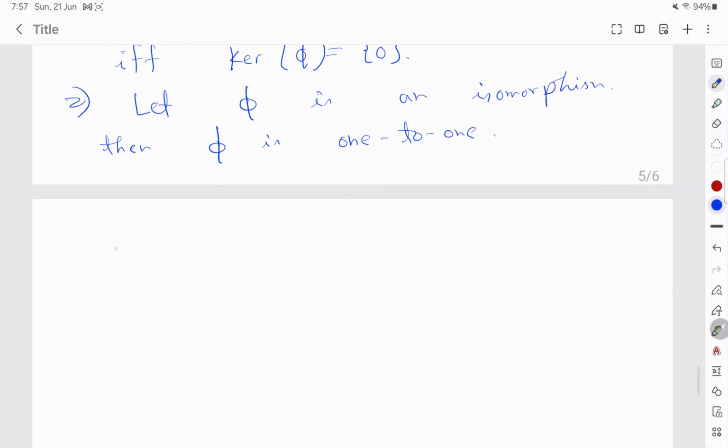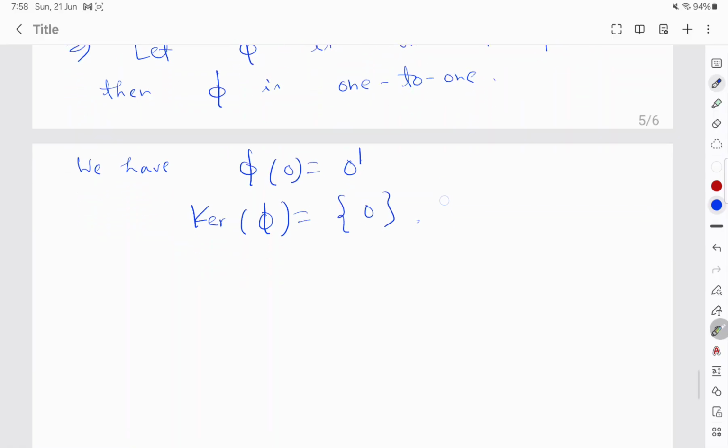So you know phi of 0 equals 0', so 0 is the pre-image of 0' and this is one-to-one. So using the one-to-one property, in ker phi you have only this element. This is easy. Now the converse part.